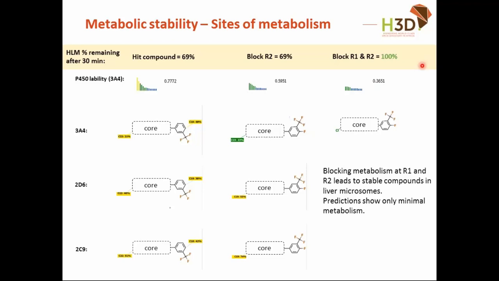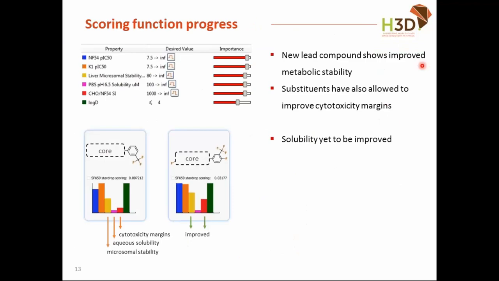So once we've sorted the metabolic stability, we applied again our new leads against the scoring profile, and we were pleased to see that the metabolic stability was improved, of course, but also that blocking the metabolism and adding substituents at the R1 and R2 position allowed us to improve the cytotoxicity as well.